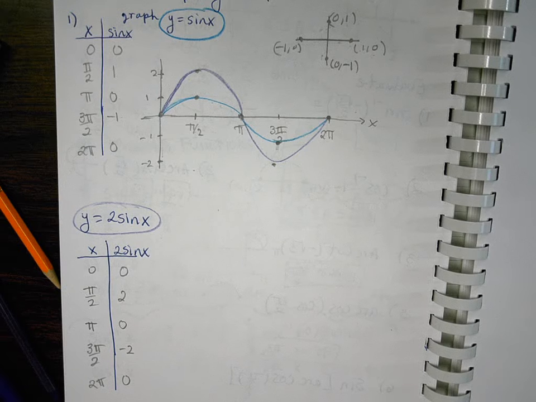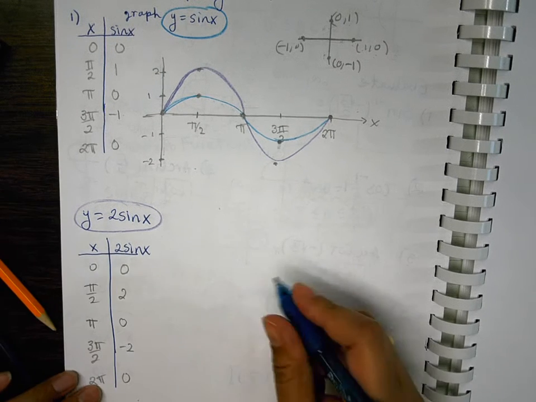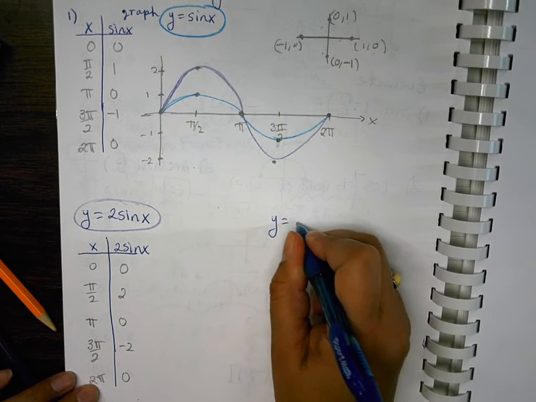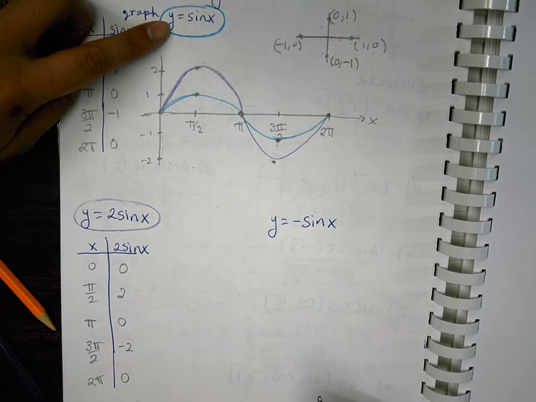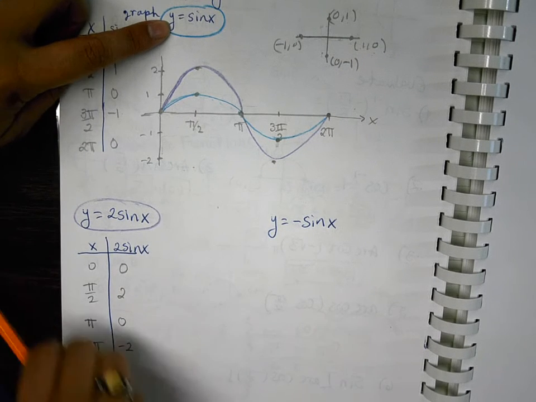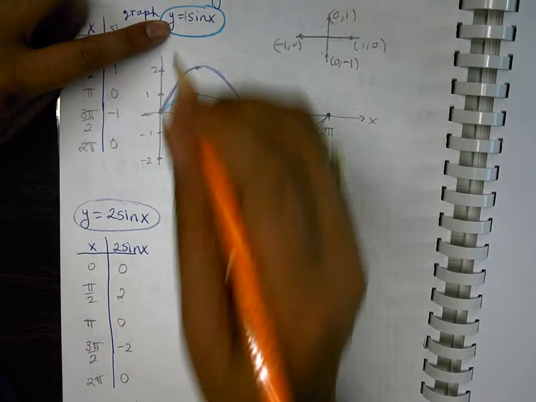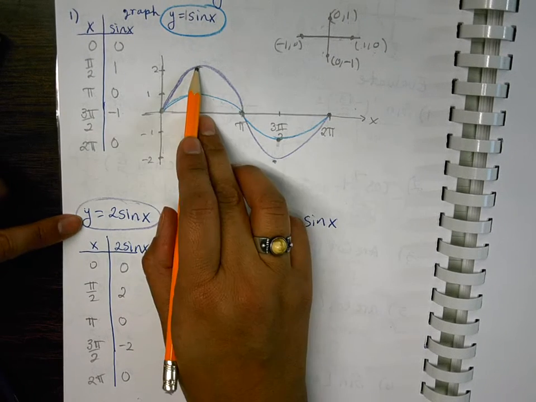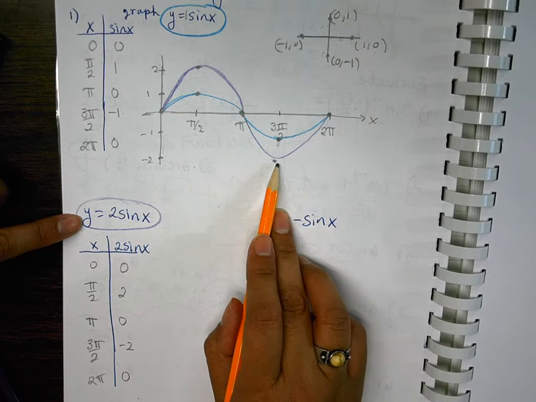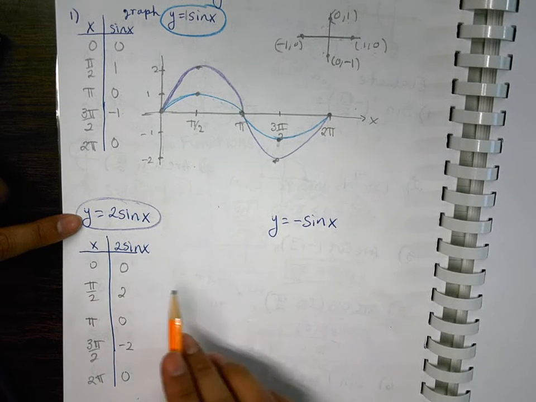All right. Next one we're going to graph is y equals negative sine x. Now, this amplitude was 1 because the coefficient was 1, right? What's the amplitude on this one? This one is 2 because that's the highest and the lowest, yes? Any guesses?